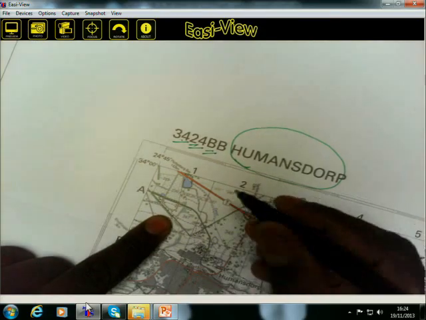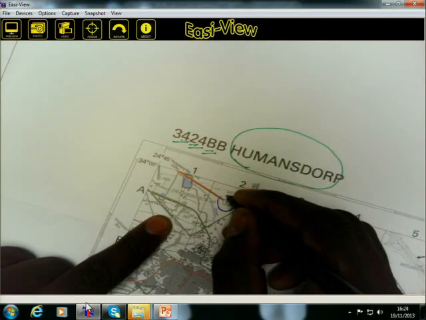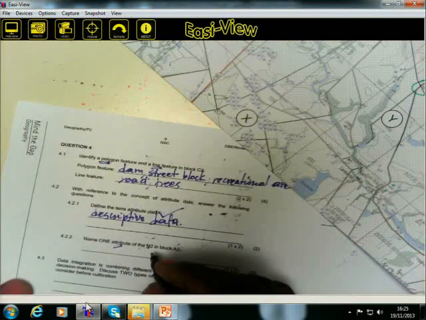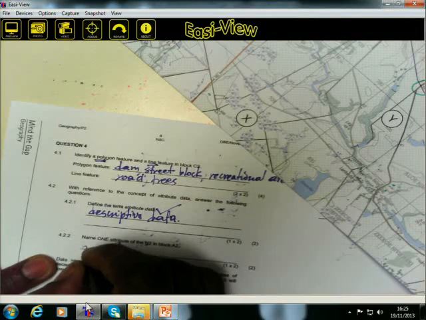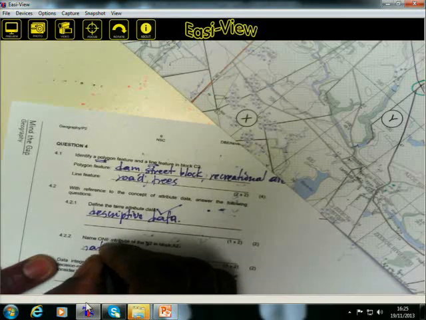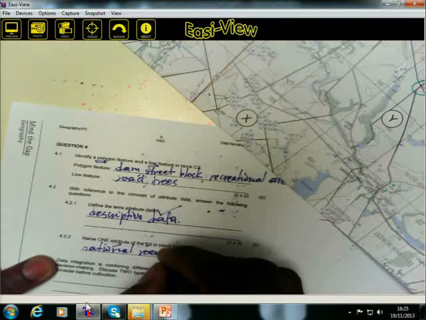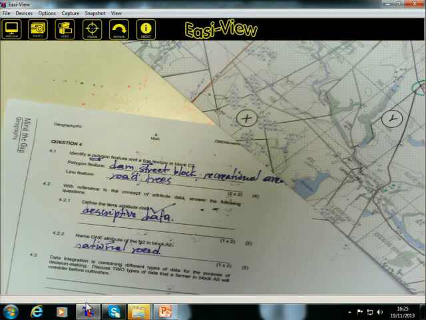You see you've got your national road there. Then we say a descriptive data that you get on the N2 is that it is a national road.